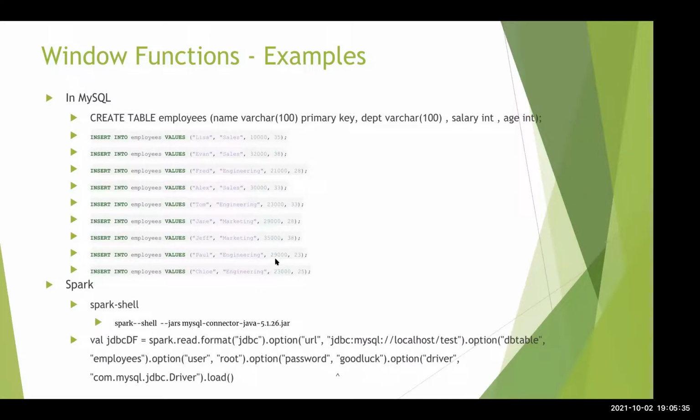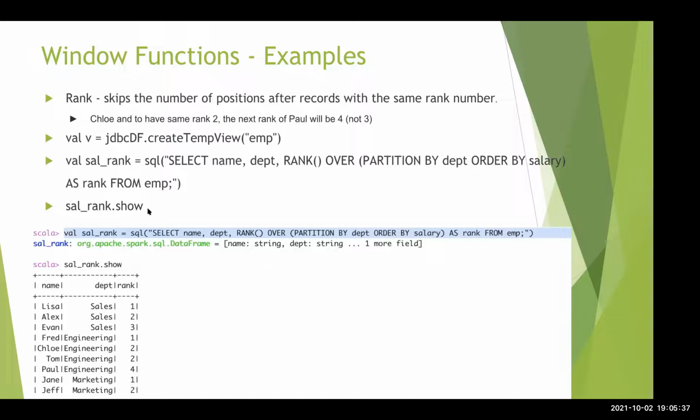With the rank function, you will see it has skipped 3 and directly jumped to 4. So it's 1, 2, 2, 4, because there were two people with the same salary. It was supposed to give 3 to this one, but it has given 2, so it consumed 3 already and jumps to 4. This is what rank does.